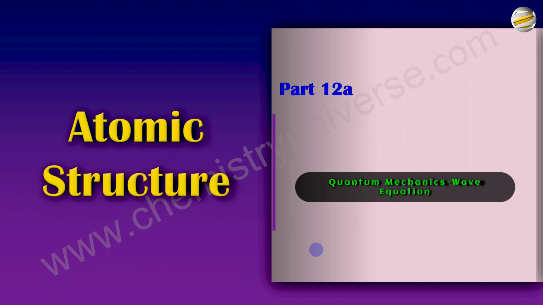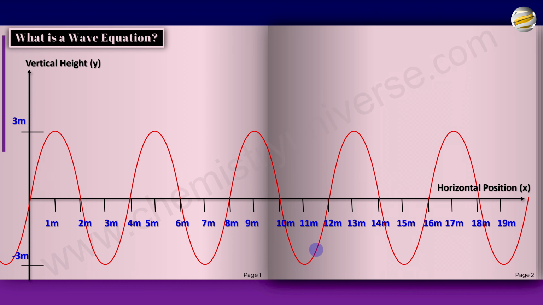Now, here, we have to first of all understand what a wave equation is. So let's look at a particular wave. Have a look at this wave carefully. Just imagine that this is a wave, let's say, in an ocean. It's a water wave and you're standing somewhere here.